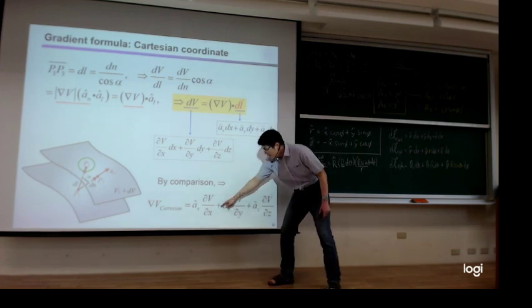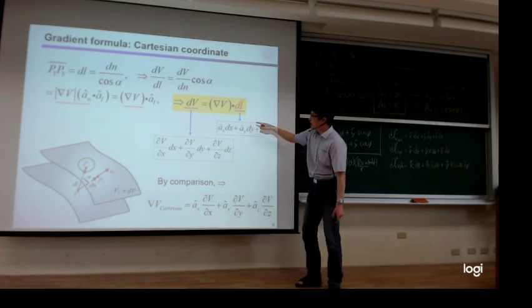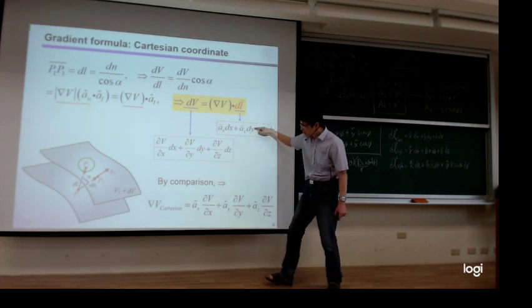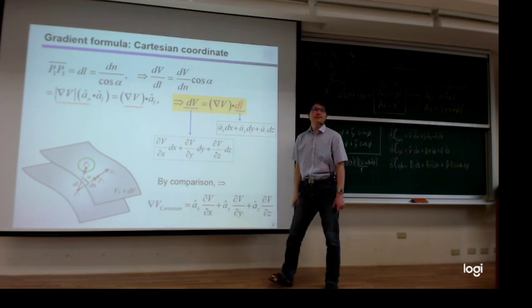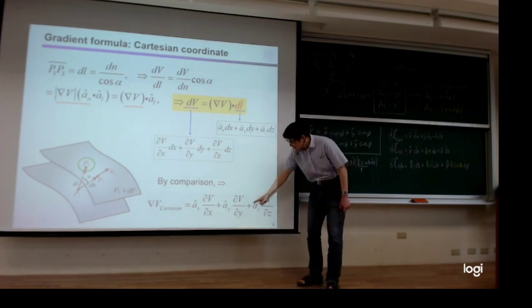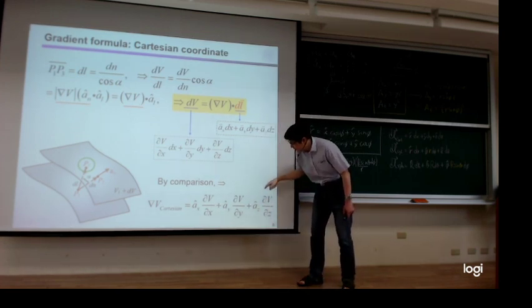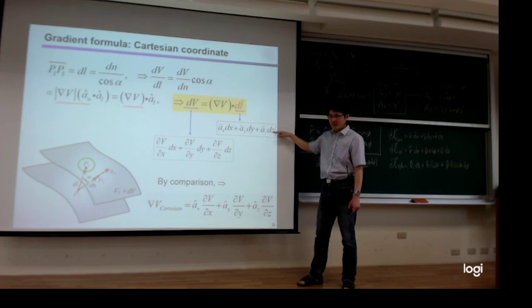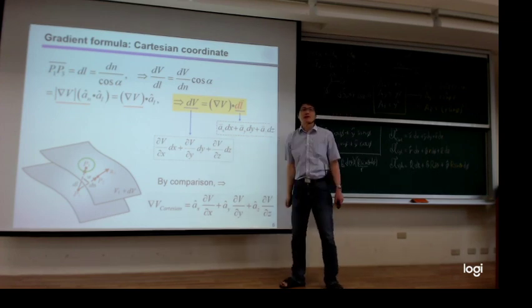The y component, making an inner dot product with the y component of the differential length, gives you the second term. The z component of the gradient, making an inner dot product with the z component of the differential length, gives you the third term.